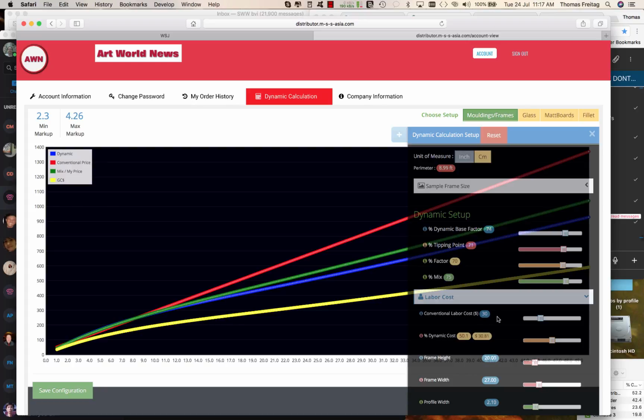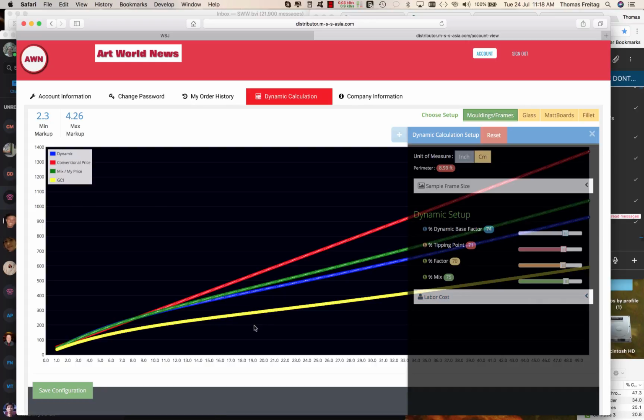And if you feel the basic $30 is too much, you can also adjust this one here to $10, $9. It basically goes from $100 to 0 for your conventional labor cost. And then we can close this.